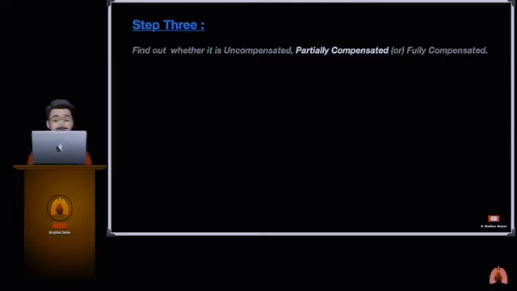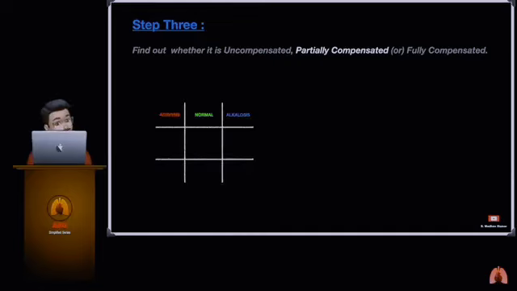Now, as part of step 3, we will determine how to find out the values are partially compensated. If all three values pH, PCO2 and HCO3 are all abnormal, it is called as partially compensated.